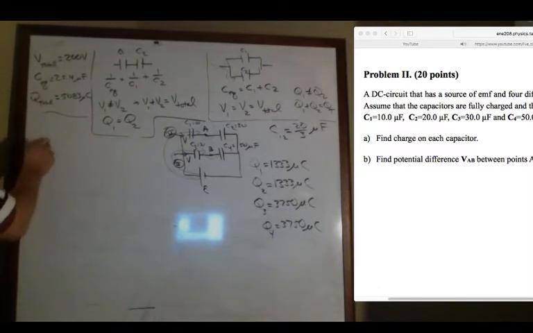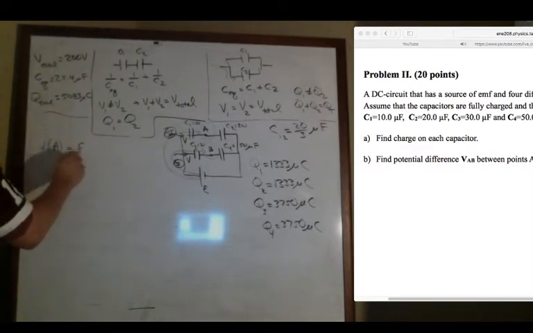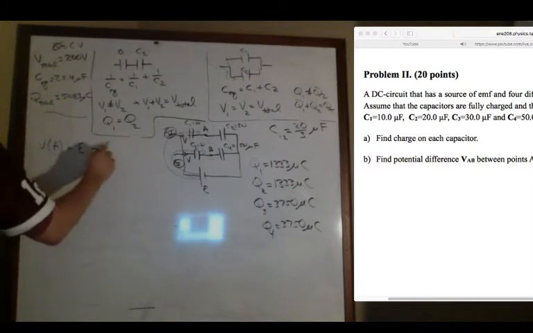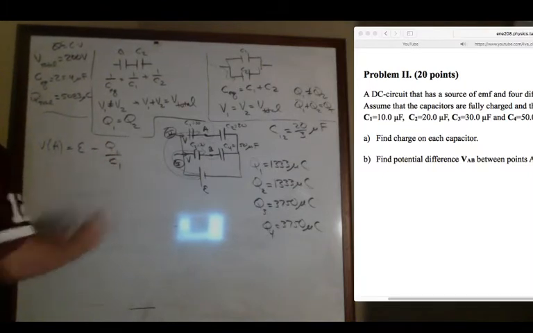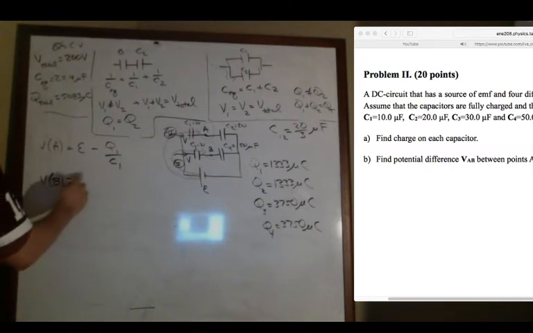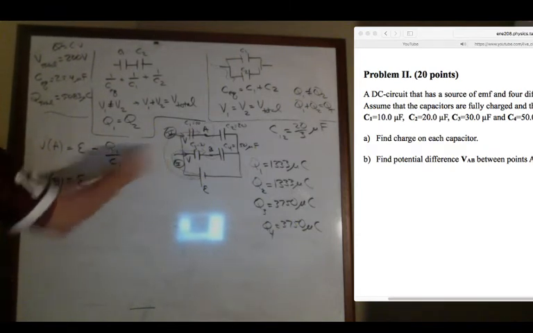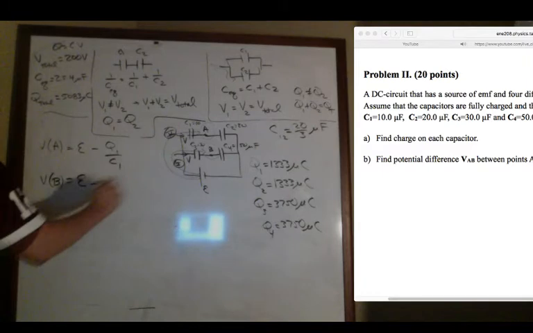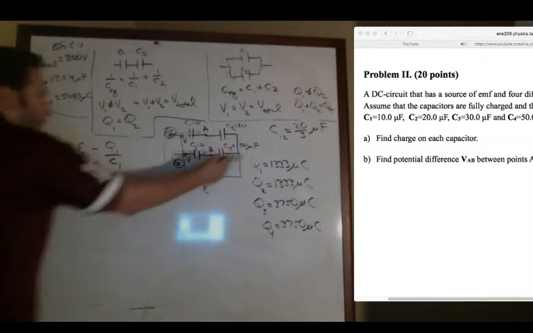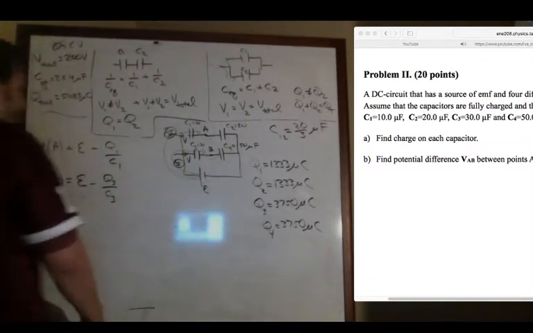Your V of A, voltage at A, is equal to your EMF minus, if Q is equal to C times V, V is going to be Q over C. So this is going to be Q1 over C1. And your V at B is going to be your total voltage minus, we lose some of that voltage through that capacitor, and so it's going to be Q3 over C3. And fortunately for us, we've already got all those values.